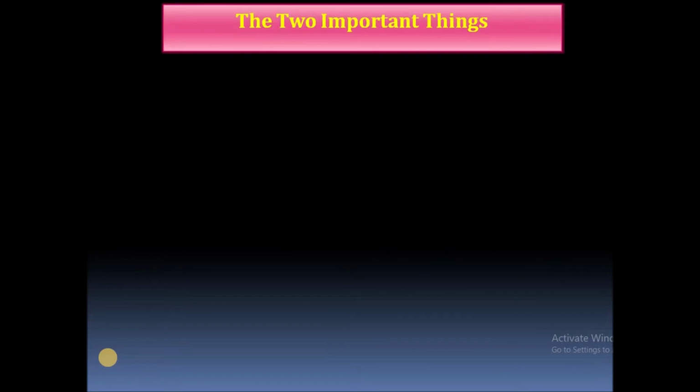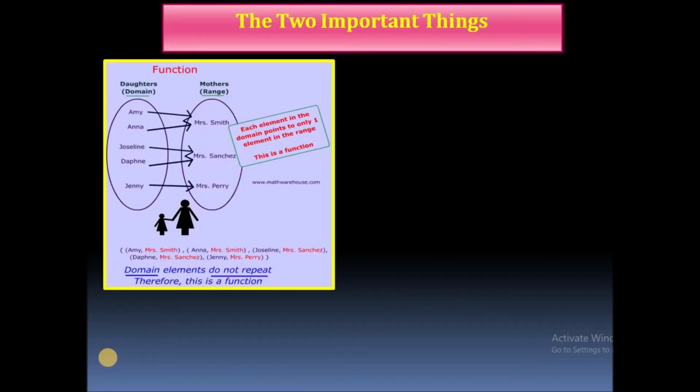Now, two important things are there. First, each element in the domain points to only one element in the range. That is called a function. So, for example, Amy relates with Mrs. Smith, Anna relates with Mrs. Smith.